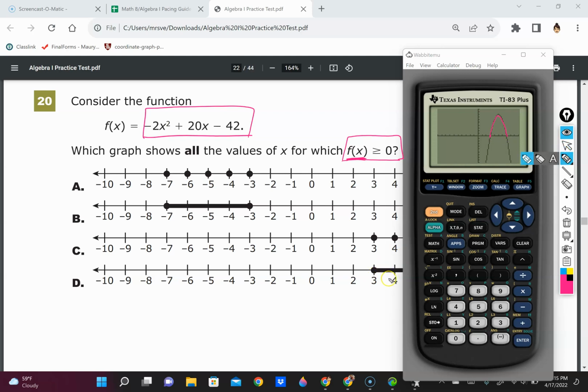Now my answers are covered up here by the graphing calculator, but you can see that answer choice D is your solutions from 3 to 7. And the reason we want the solutions between your dots is that if I look at, let's say, 3.5, I have an output, 4.5. Everything in between 3 and 7 has an output.